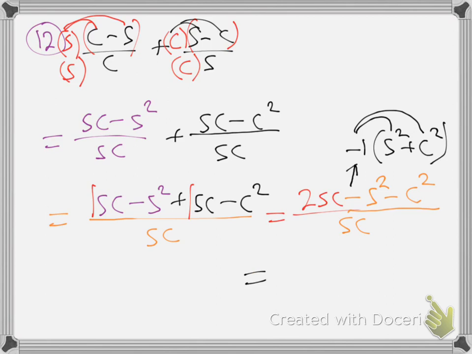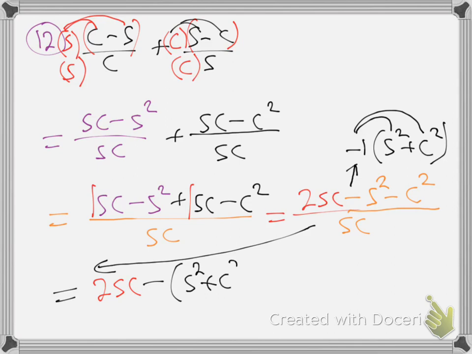So then what is this? Or let me bring it over here. I think we might have a couple more steps. I'm not sure. I haven't even really looked at the answers yet. So 2SC, and then what? Minus S squared plus minus 1 if you want, over SC.